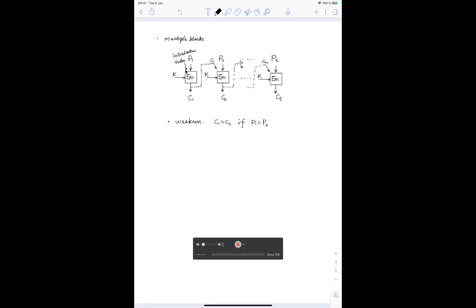So it's quite natural to take the XOR of P1 and the initialization vector, which has the same size as P1, and use it as the input.